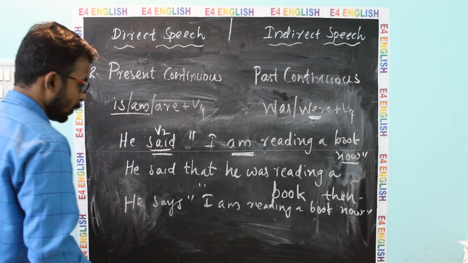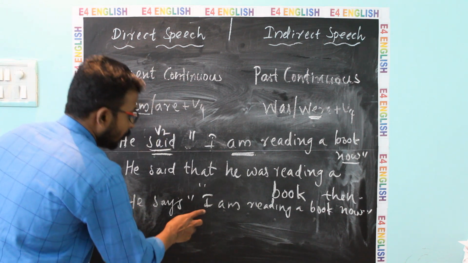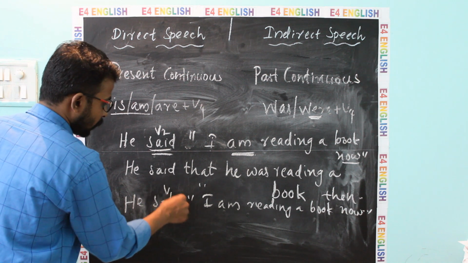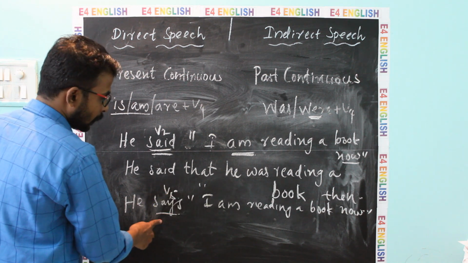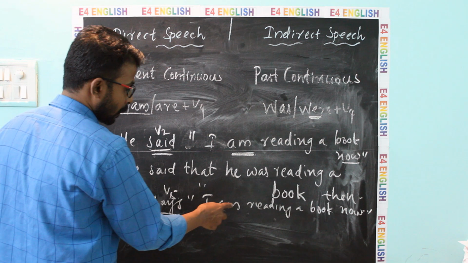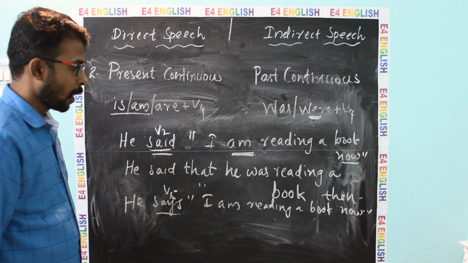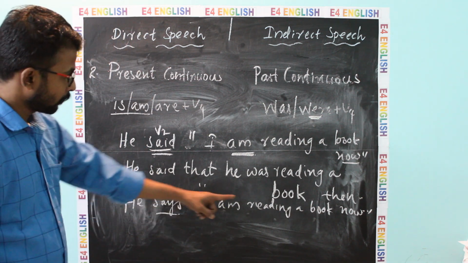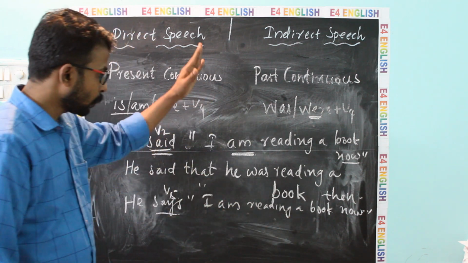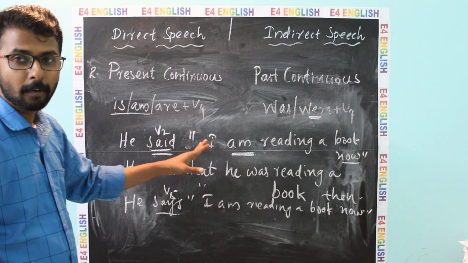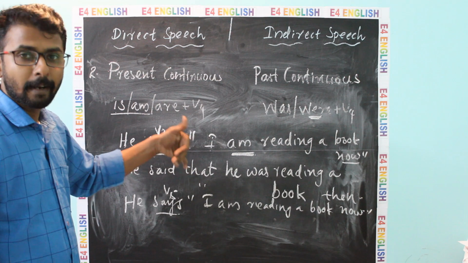So it's present time. Since it is V1, that means present tense, here he says that he is reading a book now. That's the answer. So once again, stop the video and go through it to have clarity.